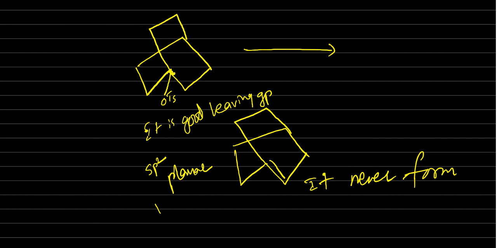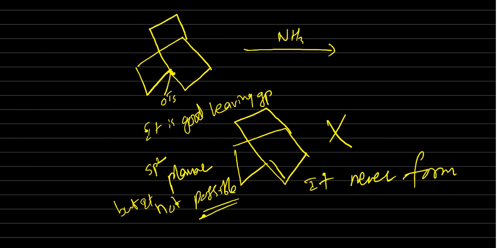Okay, planar is not possible. It is three-dimensional, how can it be planar? So that's why it is not possible. So elimination is not there, which means obviously, suppose if you are taking NH3 or whatever base is there, nucleophilic substitution reaction, wherever OTs is there, in the same place NH2 will come.